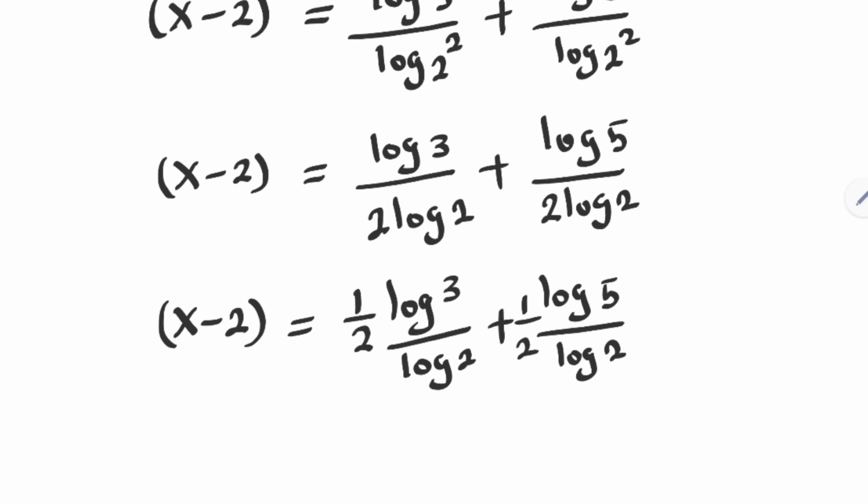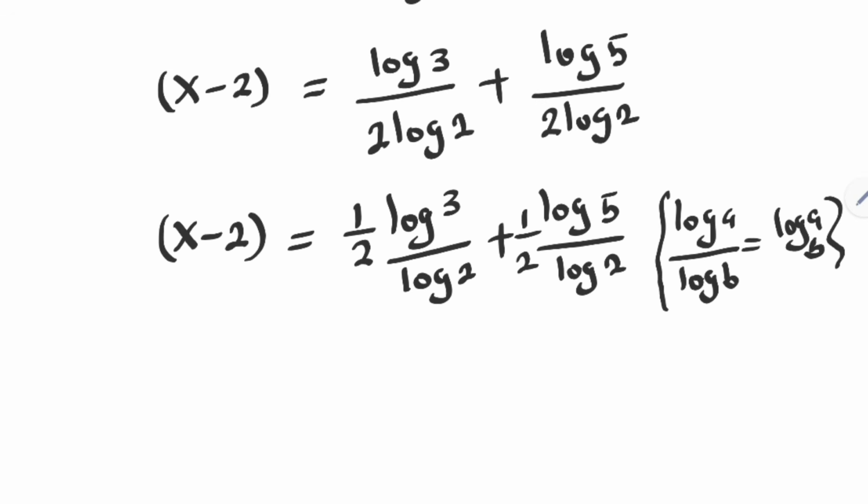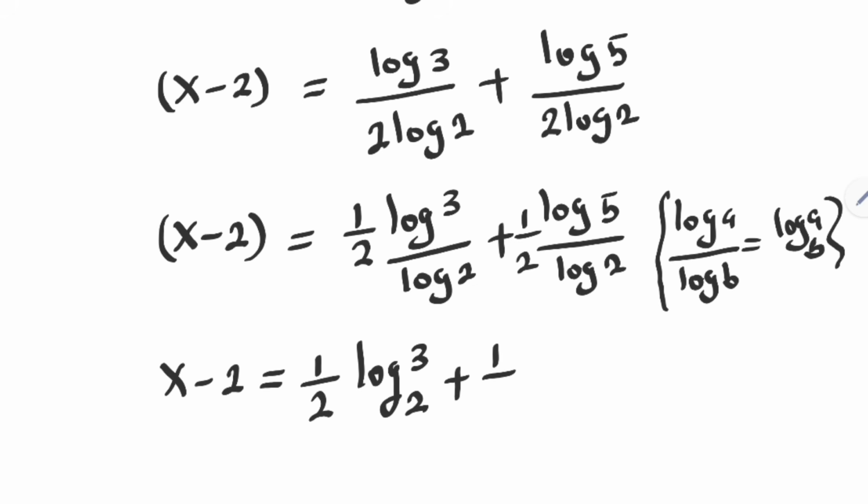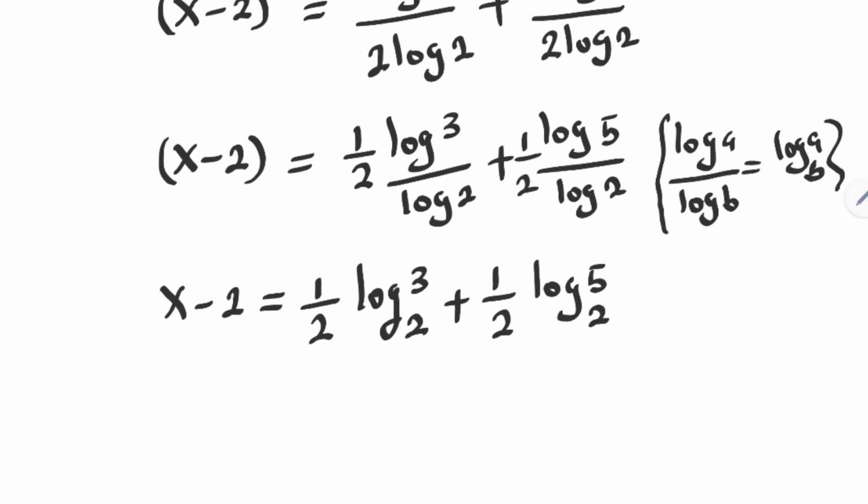Now, if you have log A divided by log B, this is equal to log A base B. x minus 2 is equal to 1 over 2 log 3 base 2 plus 1 over 2 log 5 base 2. But we are looking for the value of x here.